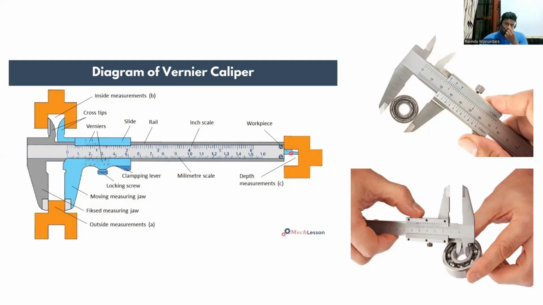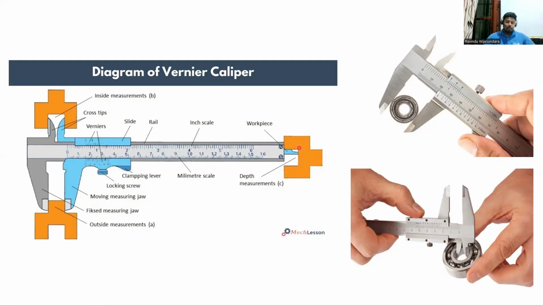When you move the sliding jaw along the fixed jaw, this blue color pin also moves to the right side. So why do we call it the depth measurement pin? Because it is used to measure depths. In the diagram you can see we are using that blue color pin to measure the depth of this object. That's why it is called the depth measuring pin.